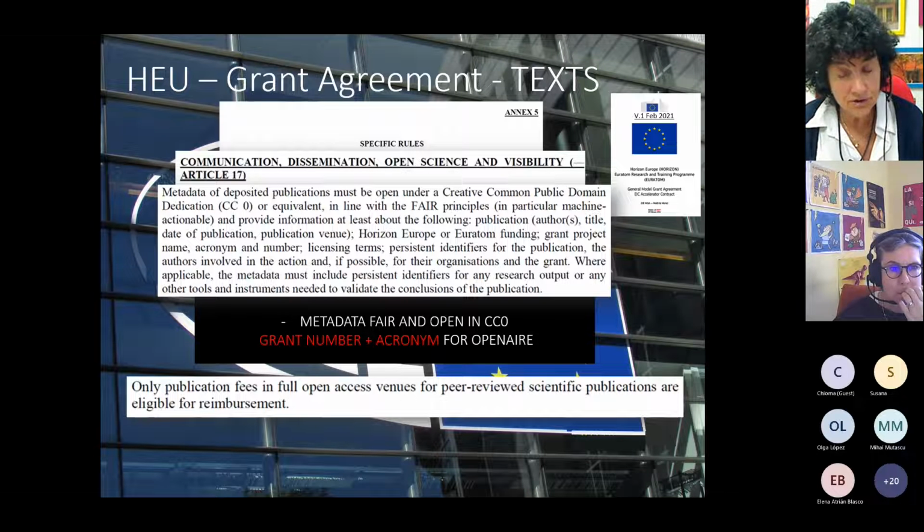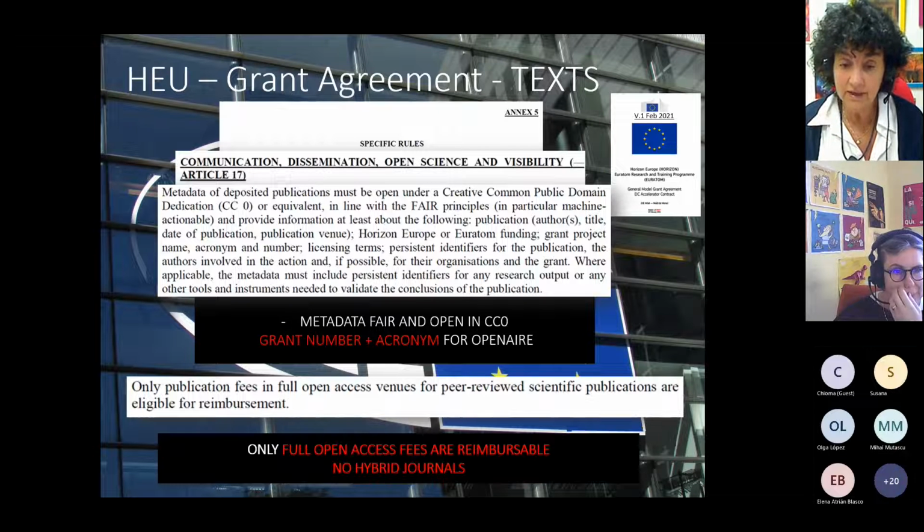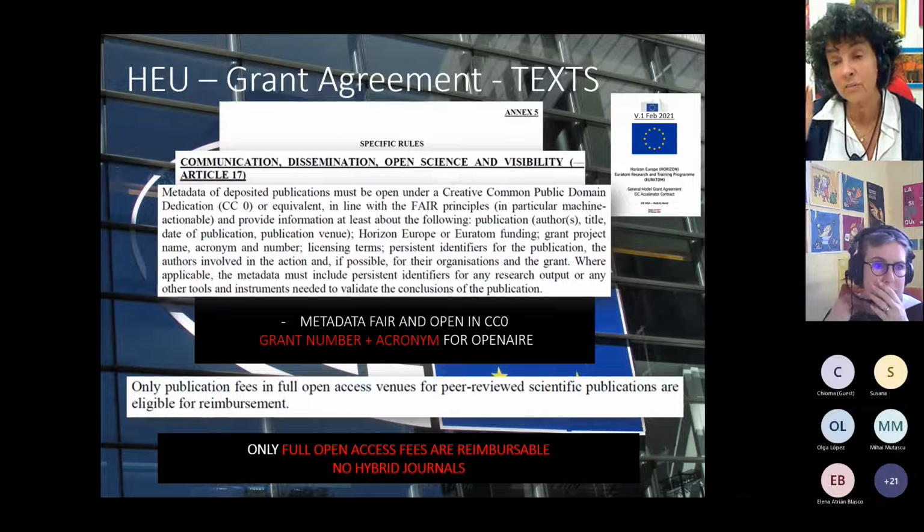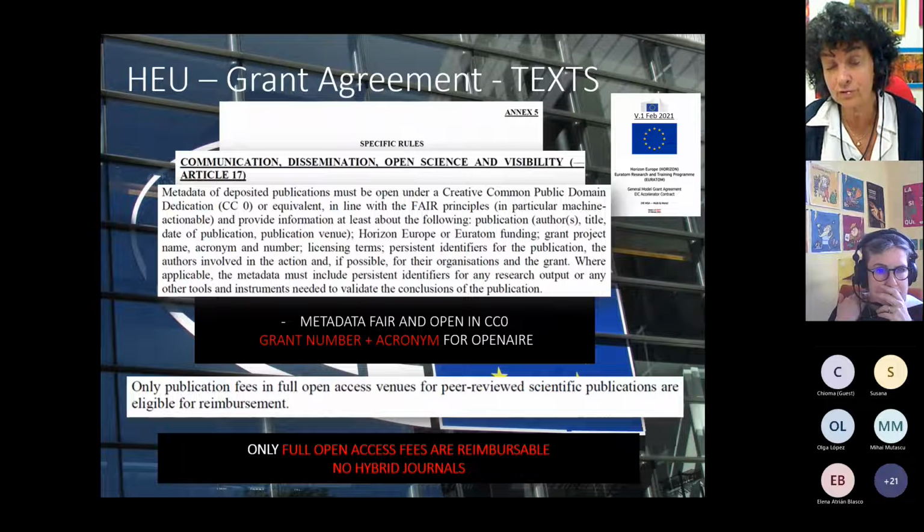So the huge novelty in Horizon Europe, and you must be aware of that, is that no reimbursement is possible for hybrid journals. They will reimburse only open access, native and full open access journals, no hybrid journals.